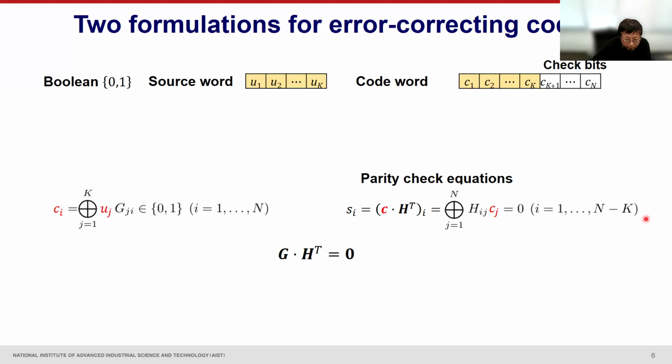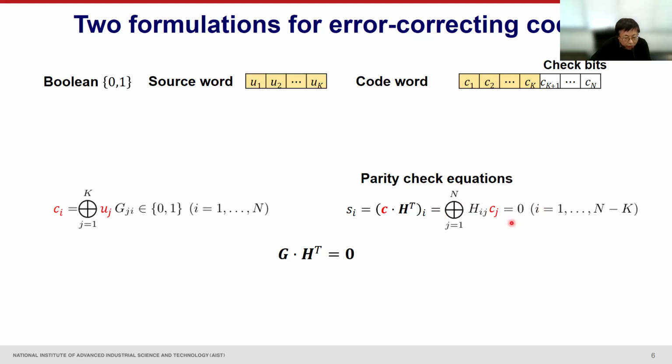The code word C is represented by a bipolar sum of the components of the source word U. These check bits satisfy the parity check equation represented by the constraints, and a bipolar sum of the components of the code word.